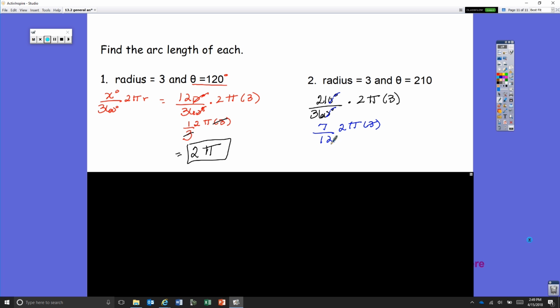The 3 and the 12 reduce to a 1 and a 4. Then this 2 and 4 can reduce to a 1 and a 2. And I have 7 pi over 2.